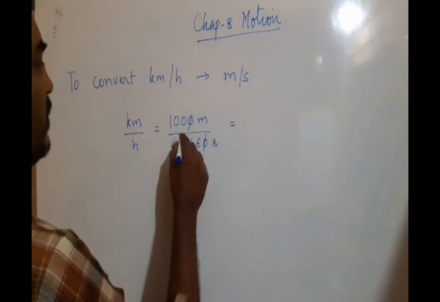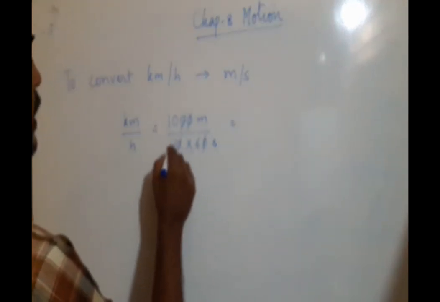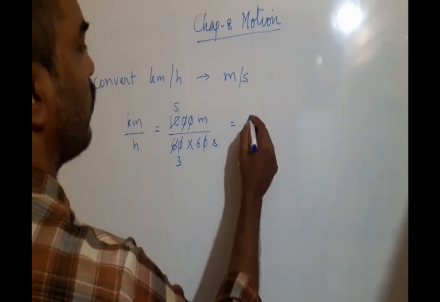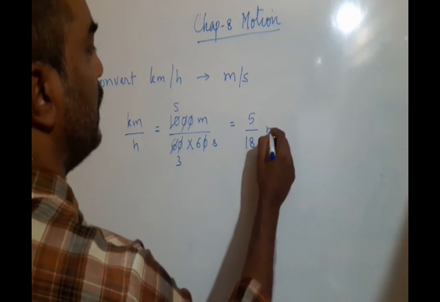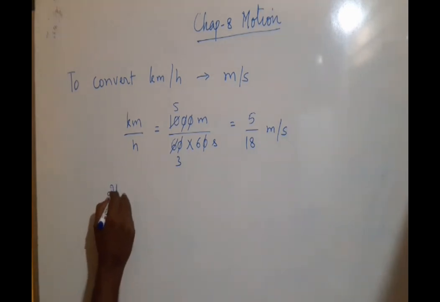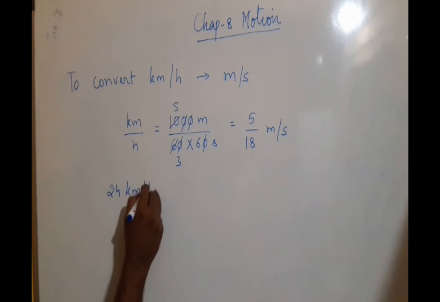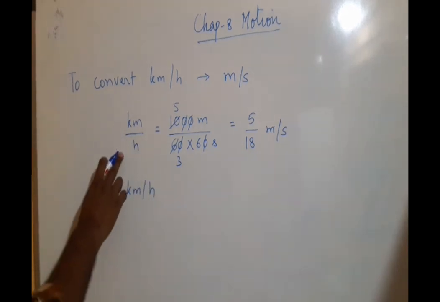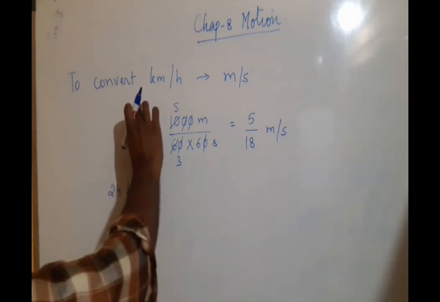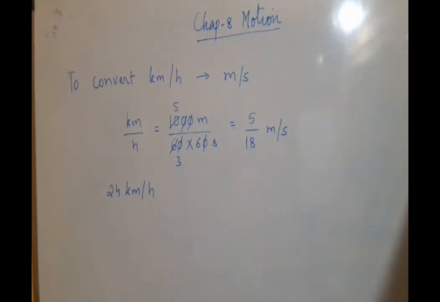Now when we simplify this, we get 5 upon 18 meter per second. So we'll see a few conversions. Suppose we have the speed 24 kilometer an hour. So 1 kilometer per hour is 5 by 18 meter per second. So to convert kilometer per hour into meter per second, you have to multiply by 5 by 18.